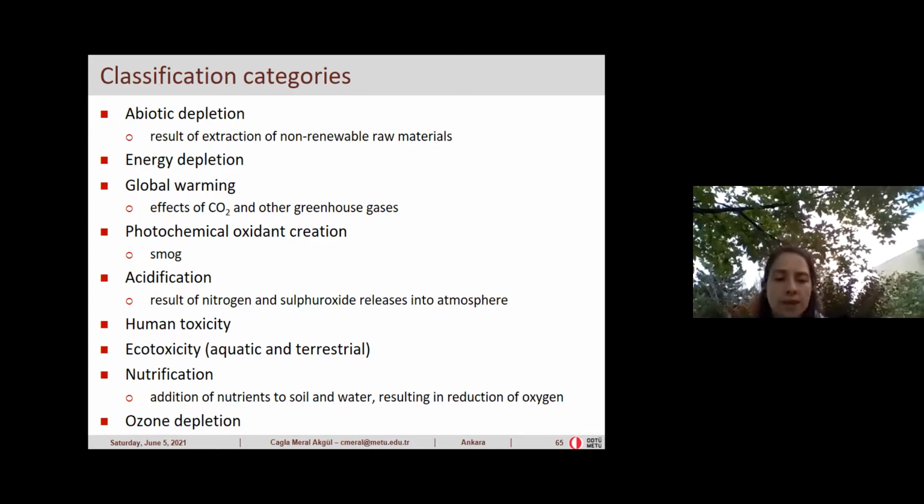We have acidification, results of nitrogen and sulfur oxide releases into the atmosphere. We have human toxicity. We have ecotoxicity, either to water or to land or to air sometimes. And we have eutrophication, addition of nutrients to soil and water, resulting in reduction of oxygen. And we have ozone depletion.